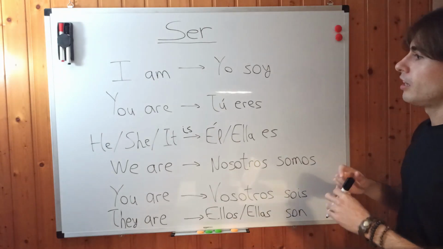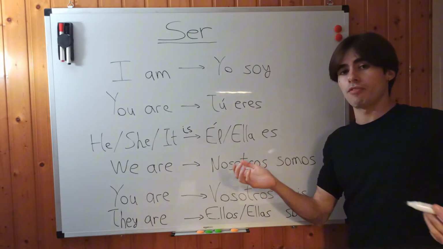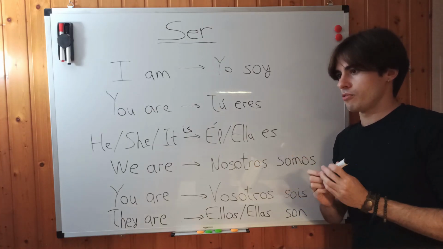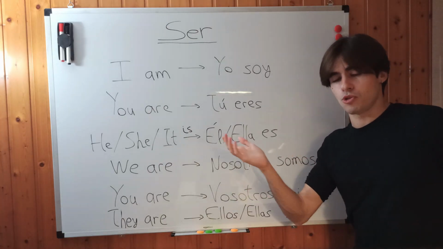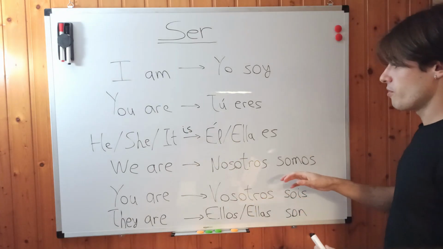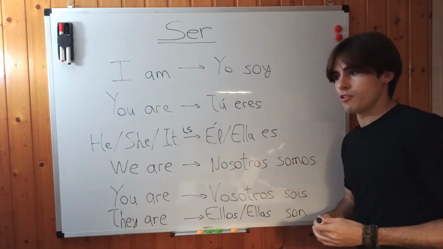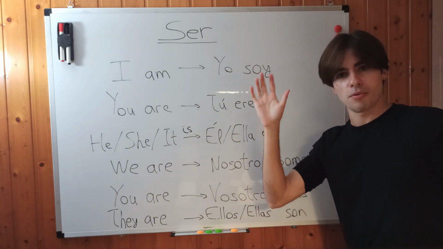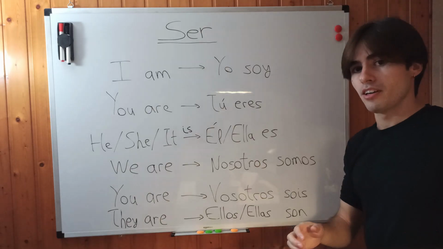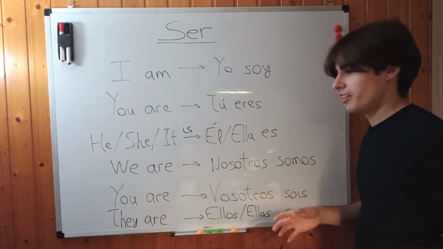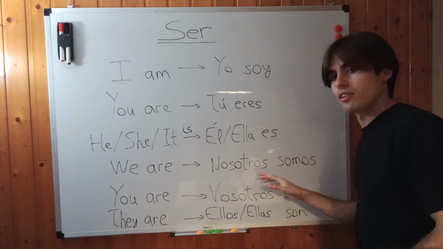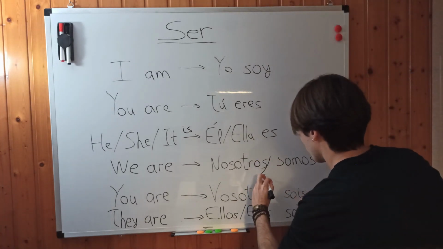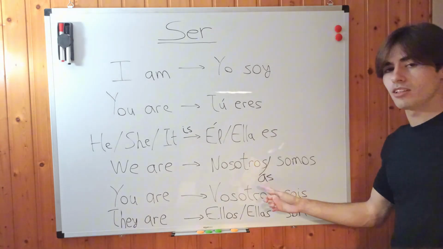First one is, let's say you're a group of friends, girls, and you want to go to the cinema today. So instead of saying nosotros, if you're talking about two people or three or more, whatever the number is, and you are all girls, you wouldn't say nosotros, but instead nosotras.